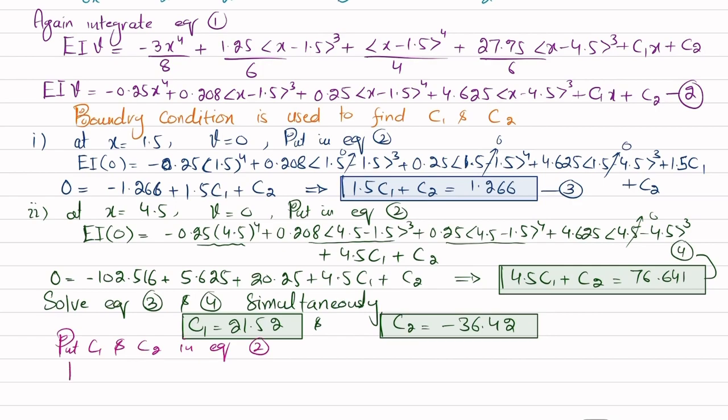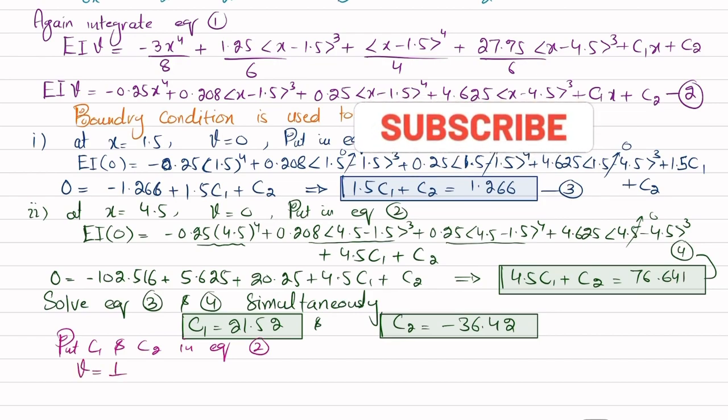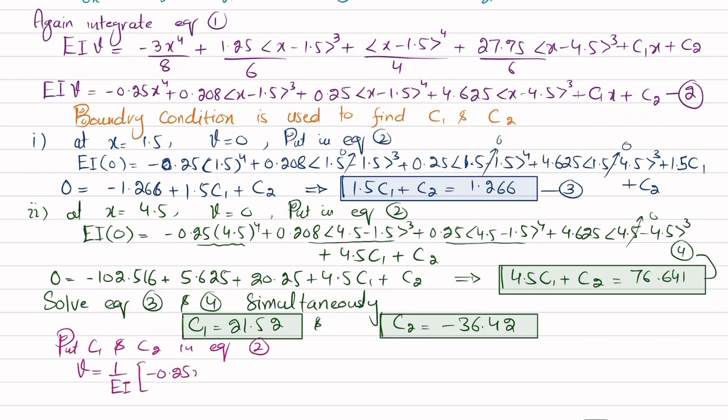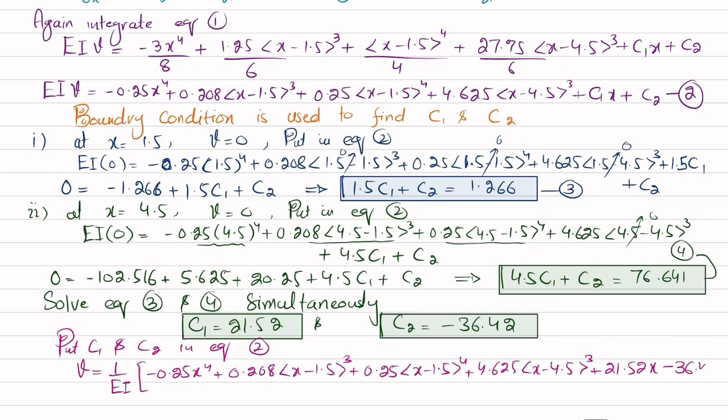So when you put it, you will get v is equal to 1 over EI into minus 0.25 x power 4 plus 0.208 into <x minus 1.5> cubed plus 0.25 into <x minus 1.5> power 4 plus 4.625 into <x minus 4.5> cubed plus C1 x. So C1 is 21.52x, and C2 is minus 36.42.